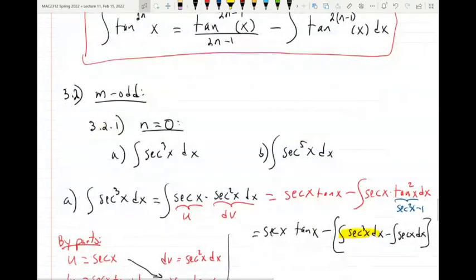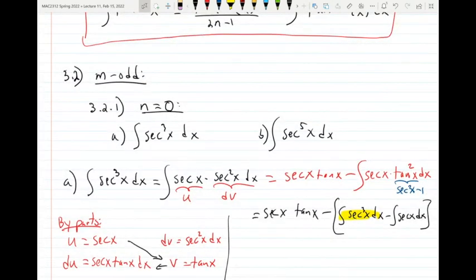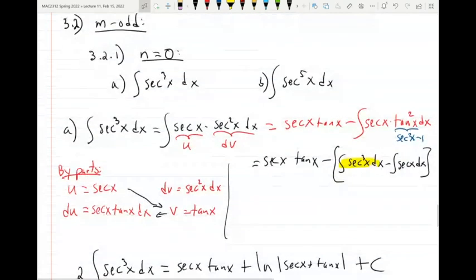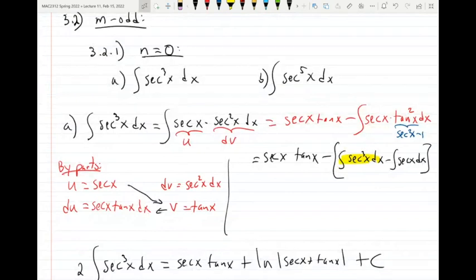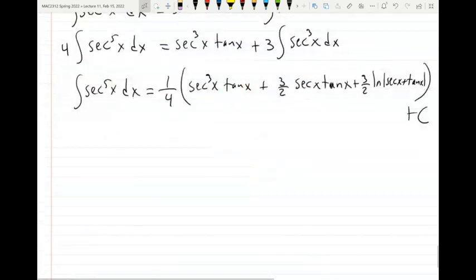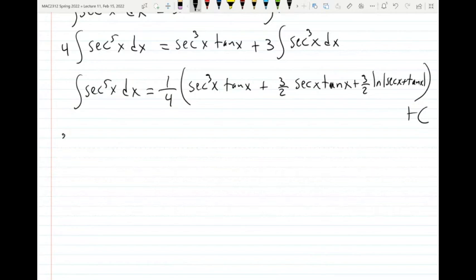Now we are in the case of the power of tangent being even together with an odd power of secant. We did what happened when there's no tangent, because 0 counts as an even number, right? Now what if we have a tangent together with an odd power of secant? But it has to be even, because odd, we already discussed that above.